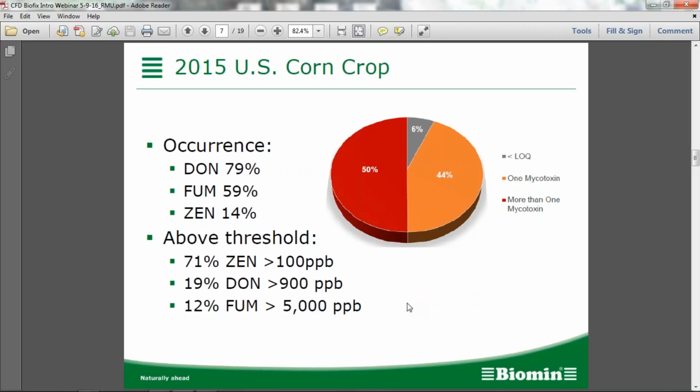So 1 + 1 does not equal 2 in this instance. We could have 1 + 1 = 4, or something like that is what we would be concerned about when you have more than one toxin, that you will actually have worse signs in the animals than what would be anticipated.